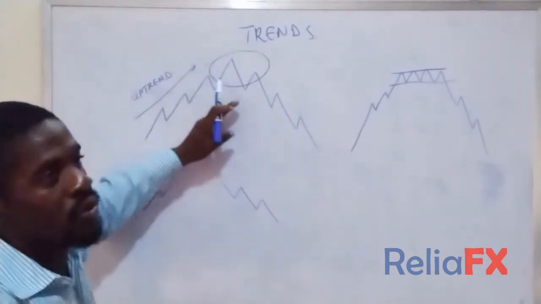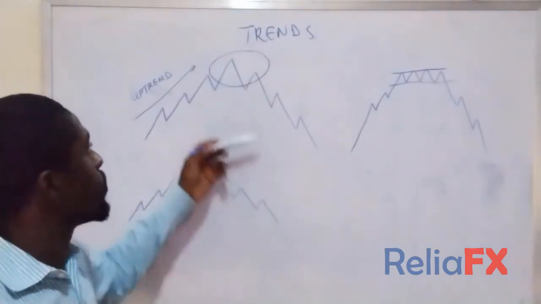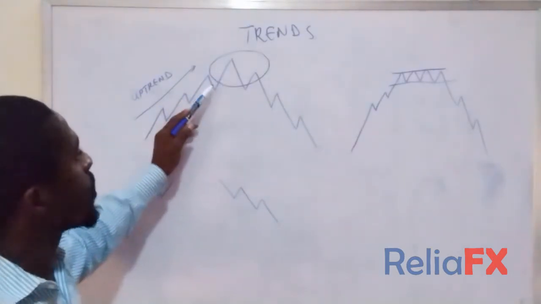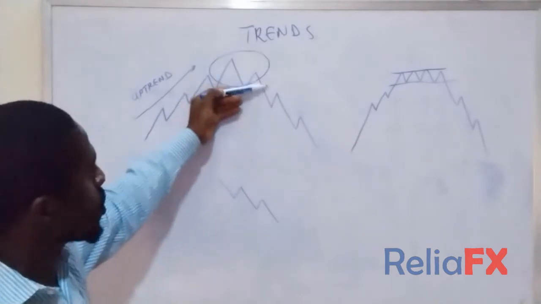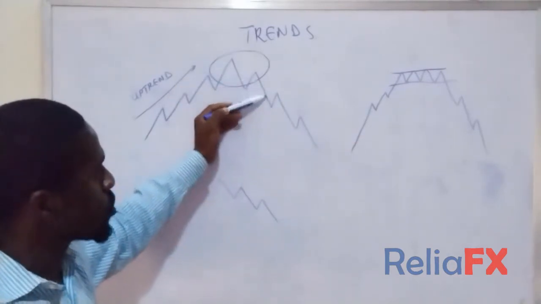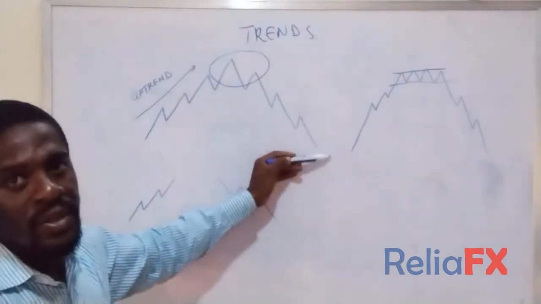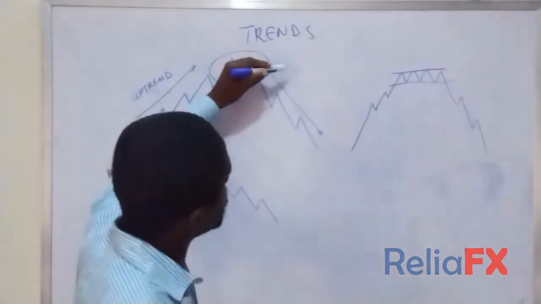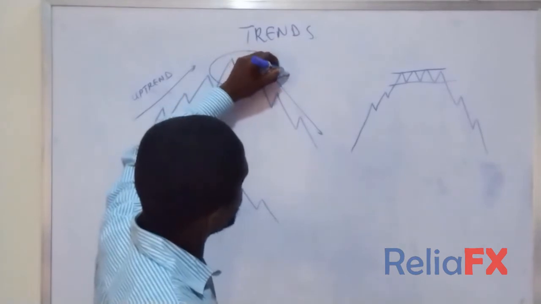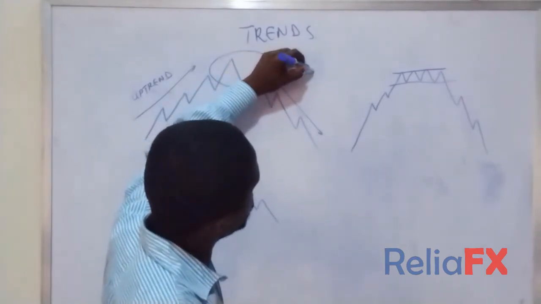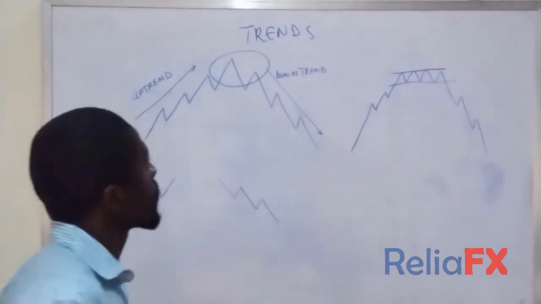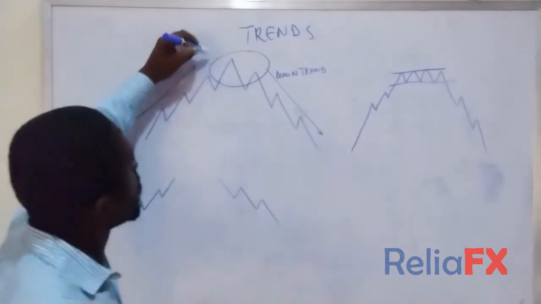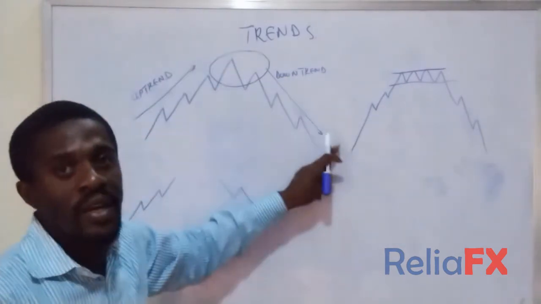The market is consolidating, so this is not the best place for us to trade. Now, if you continue and come to this side, you discover that the market has started to come down. So we have what we call our downtrend here. So we have the uptrend, we have the consolidation here, and then we have the downtrend.